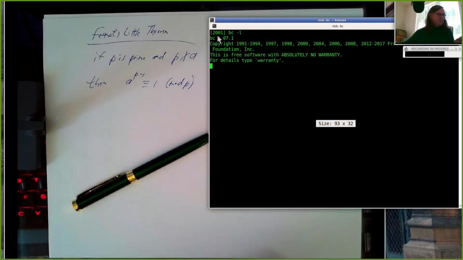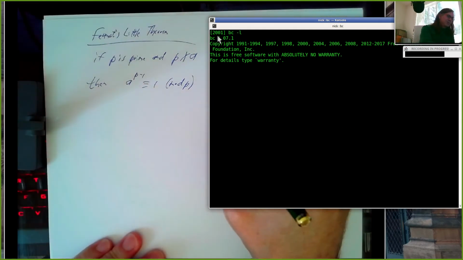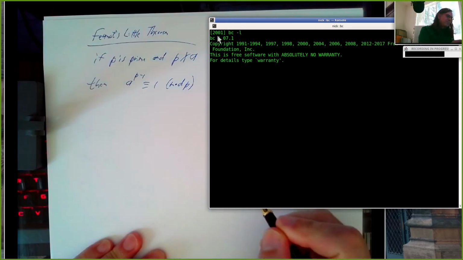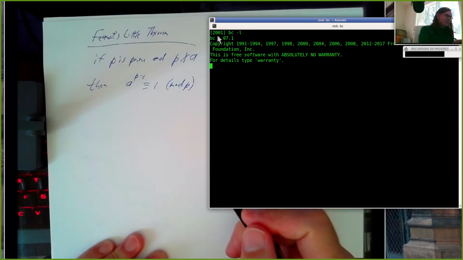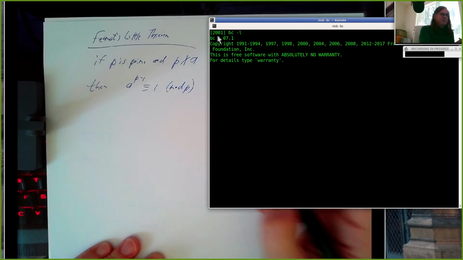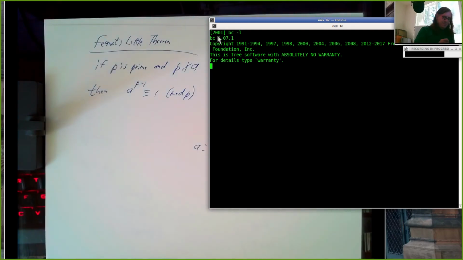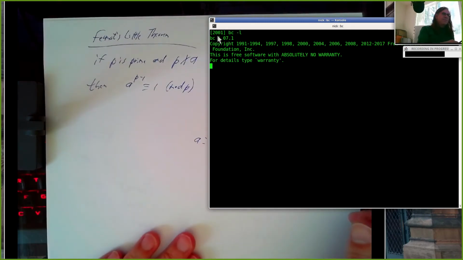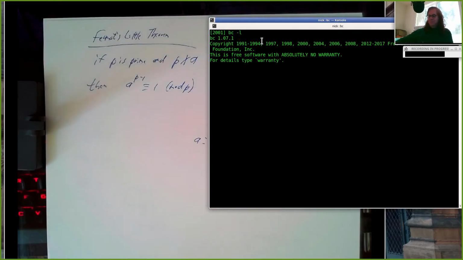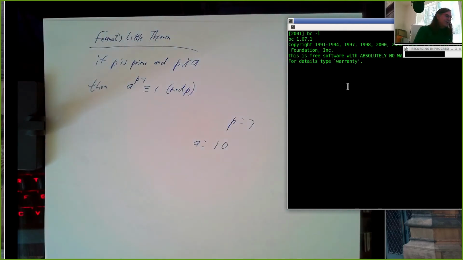So let's look at some examples of this. Let's do P equals 7, and a can be any number that's not a multiple of p. So p is 7, a could be 10.